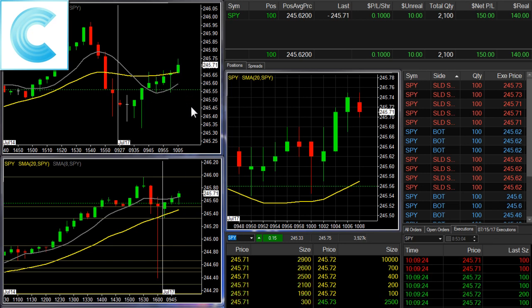It could potentially come back down. I don't know 100% for sure whether or not this area of sidewaysness might have absorbed any type of downside move, but we'll keep an eye on this.